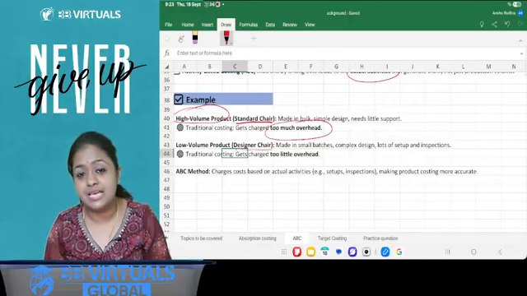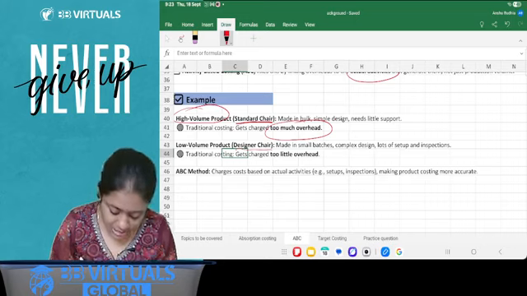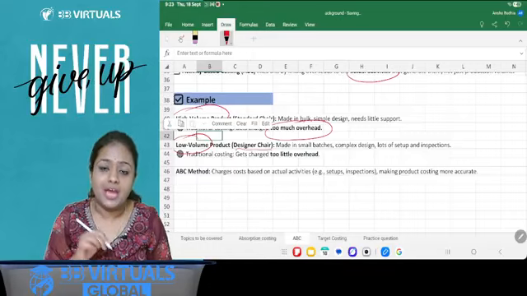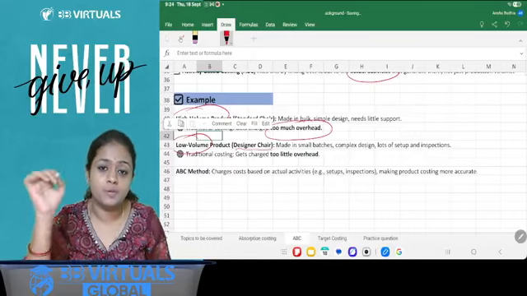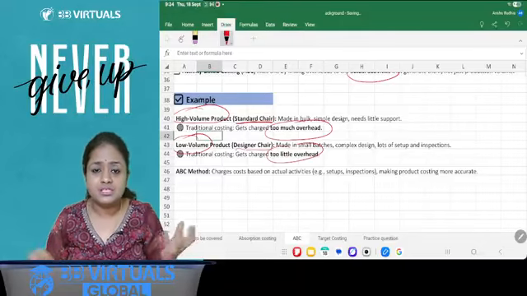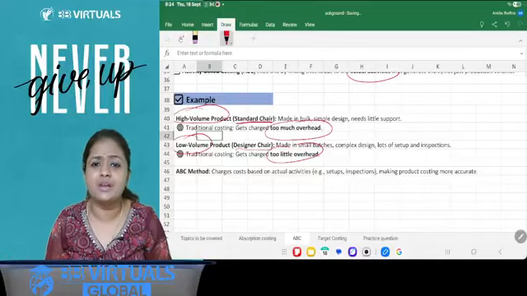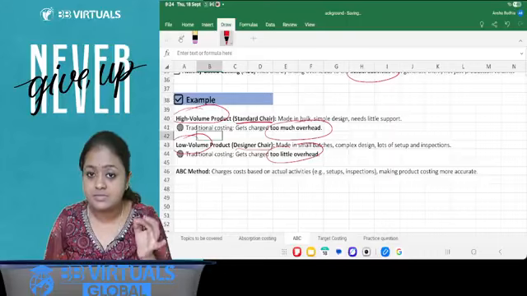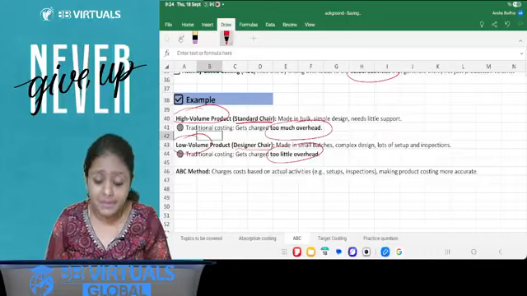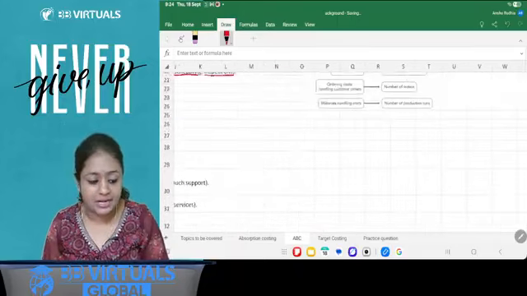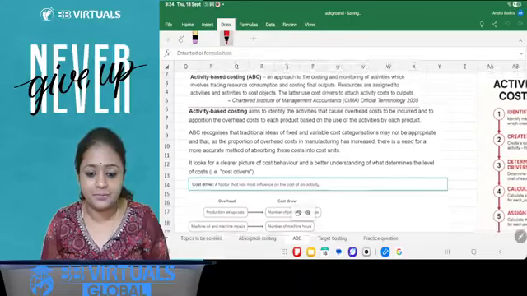But just because it is having low volume production, as per traditional costing, as per your absorption costing, it will have too little overhead. Such is the mismatch which is not acceptable. So therefore, the cost should be charged on the basis of actual activities rather than just a blanket rate to make it more accurate. Right?